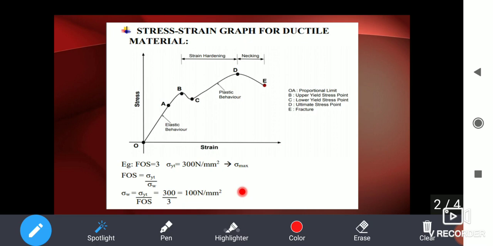So the main purpose of using factor of safety is that it will prevent the failure of the component. This is the main purpose of using factor of safety in our design.